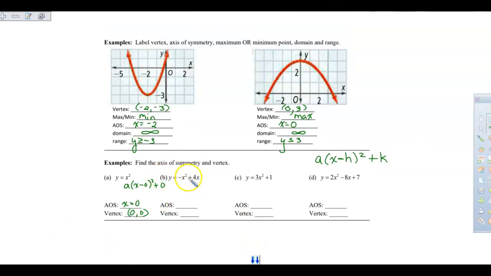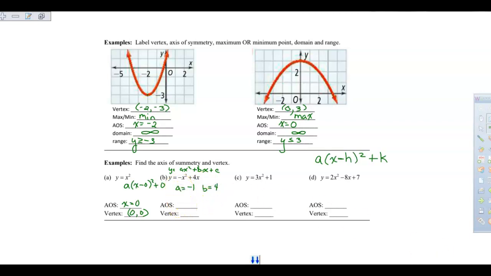When I'm looking at B, I see that this is in standard form, where I have y equals ax squared plus bx plus c. So in this case, my a is negative 1 and my b is positive 4.